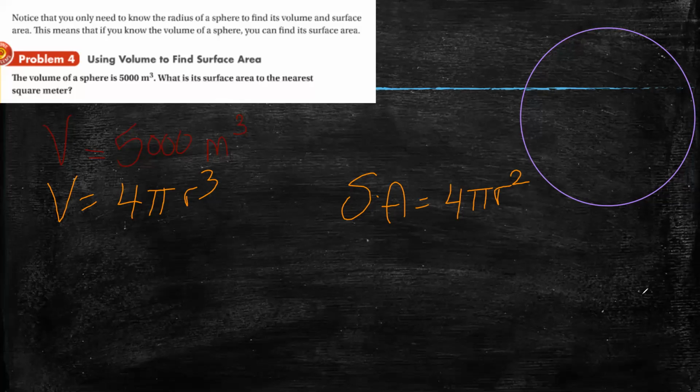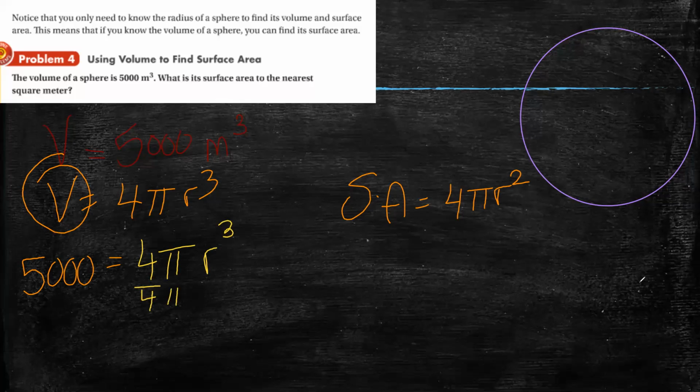So to find the surface area, I need the radius. From where do I bring the radius? From the volume. The volume here is 5,000, equal to 4/3 pi r cubed.